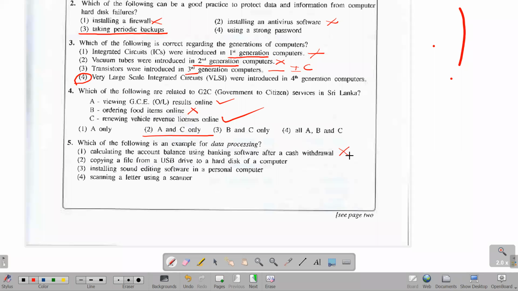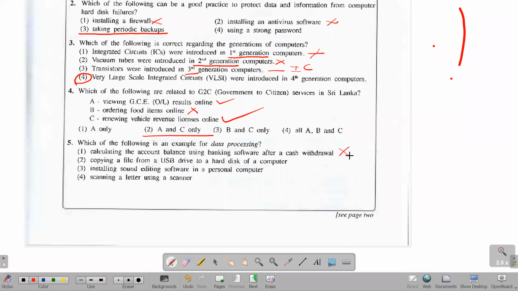So that is going to be a particular chance for your answer, right? But they are asking about data processing, and that is talking about the storing part, right?